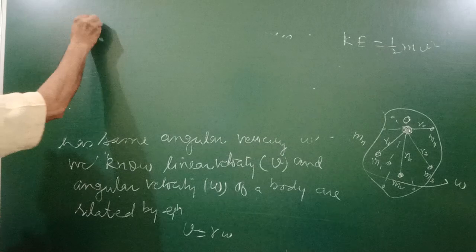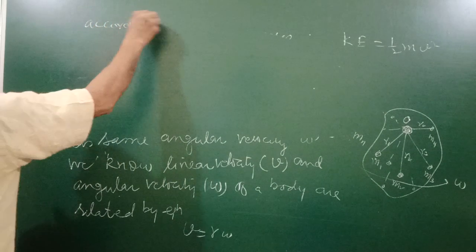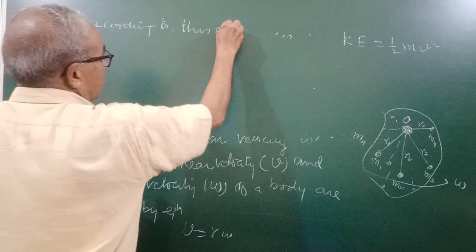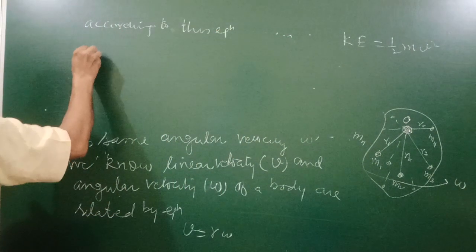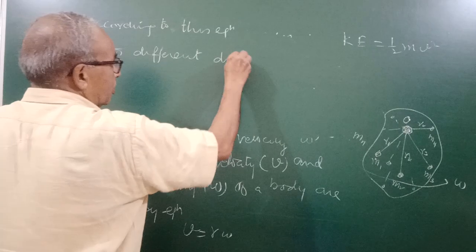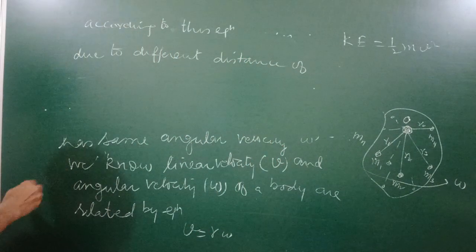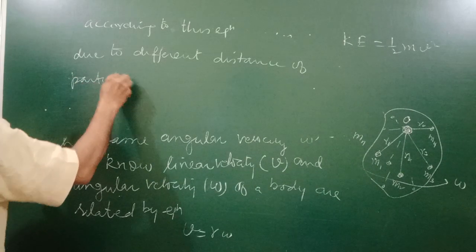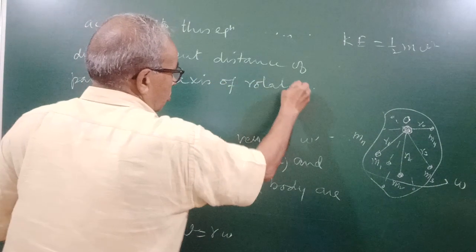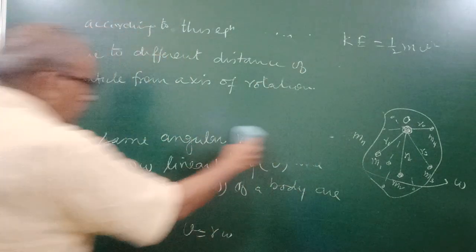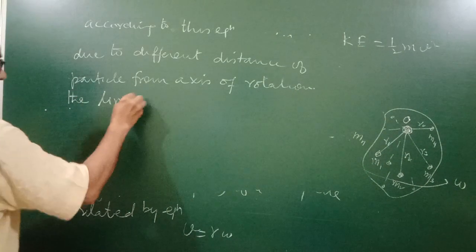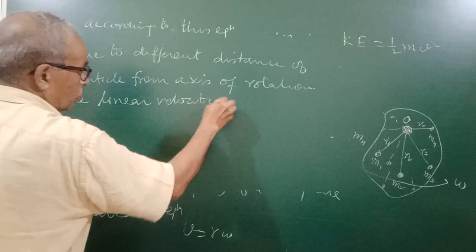According to this equation, due to the different distances of the particles from the axis of rotation, the linear velocities are different.